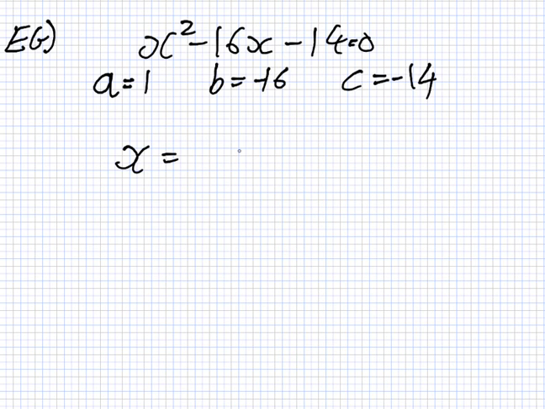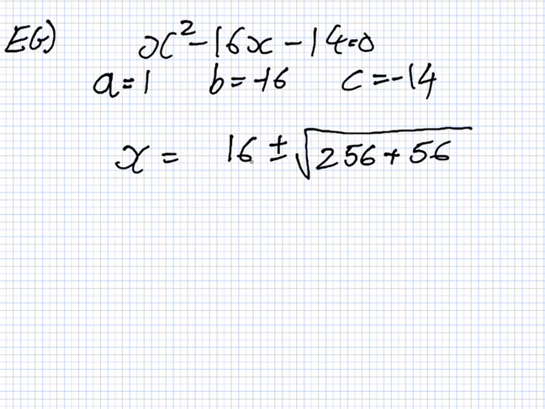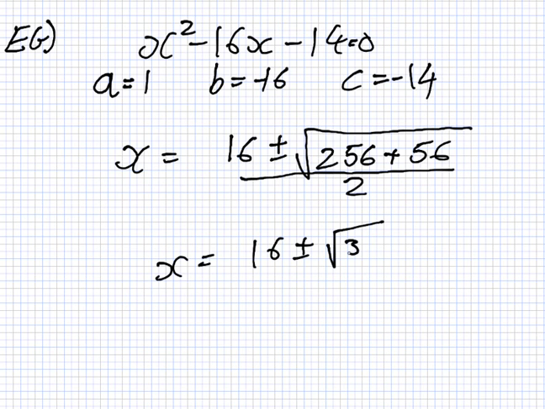x equals minus b plus or minus the square root of b squared minus 4ac all over 2a. x equals 16 plus or minus the square root of 312 all over 2.